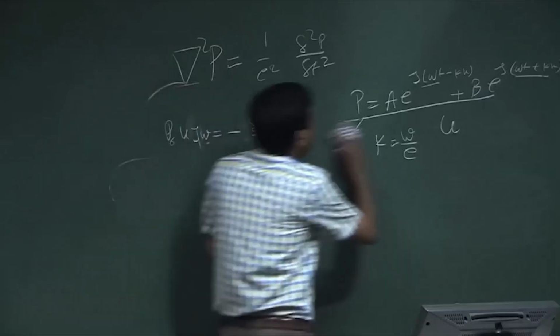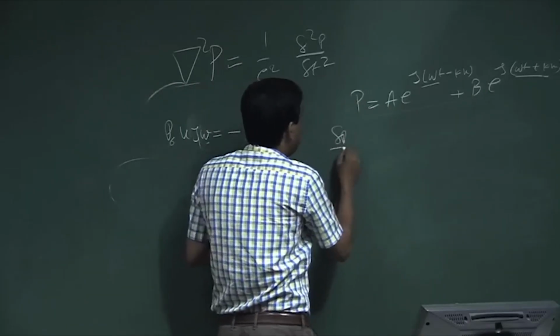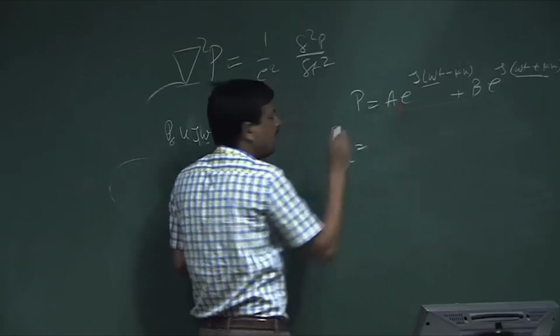So what is dp by dx? If this is p, what is dp by dx? Differentiation against x.